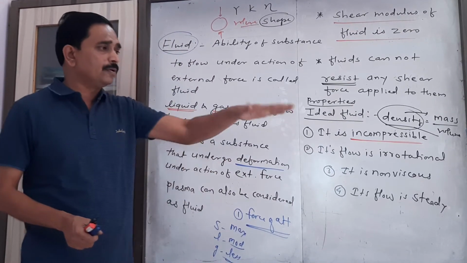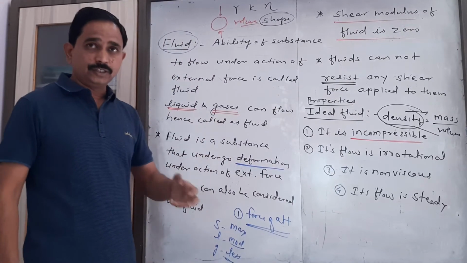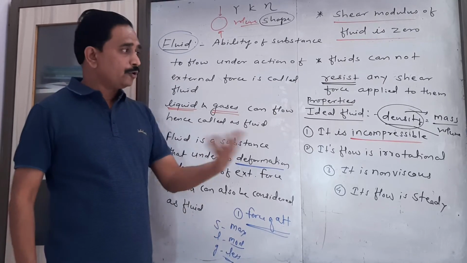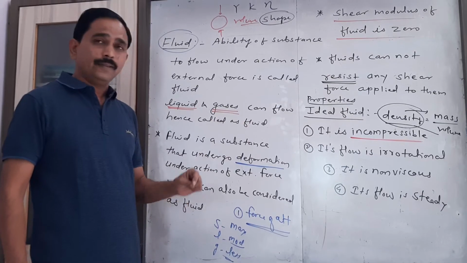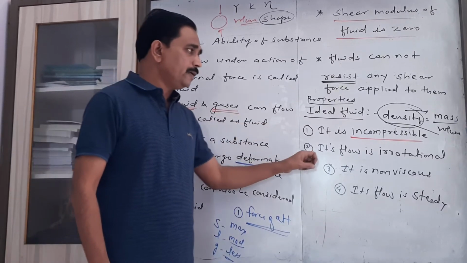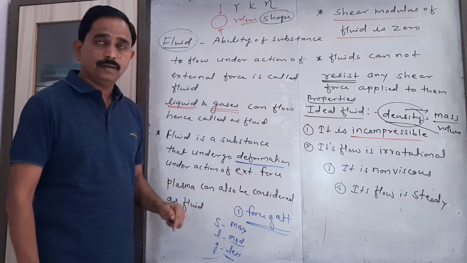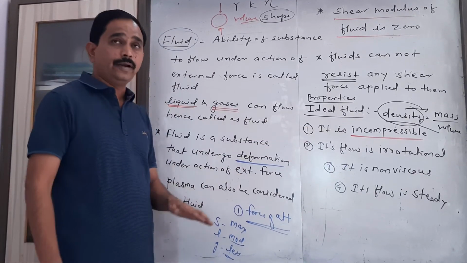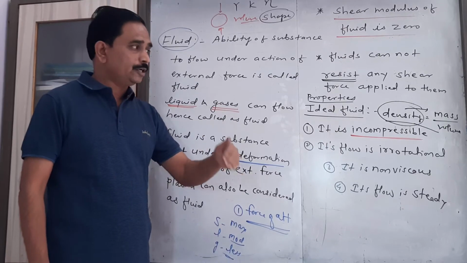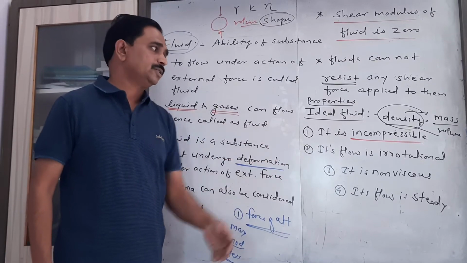It means there is no turbulent flow. We will consider later what we mean by turbulent flow and steady flow. First of all, let us consider only the meaning of that word. Irrotational means that during the motion the fluid doesn't produce any type of rotational motion.